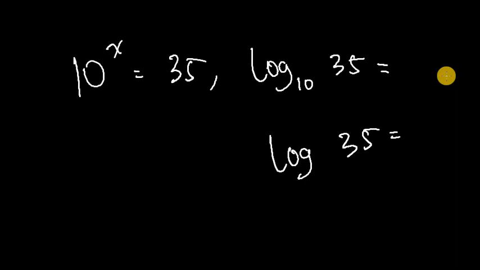Assuming that you have done it, log base 10 of 35 should give you 1.544, and this one also gives you 1.544. So once again, if the base is 10, you don't have to write it.